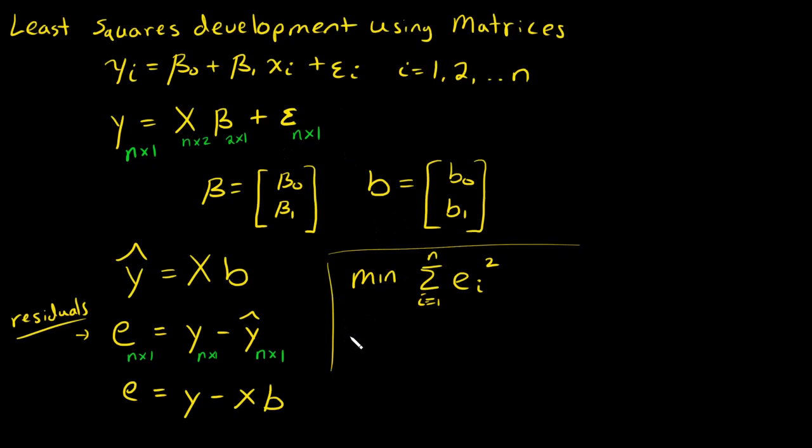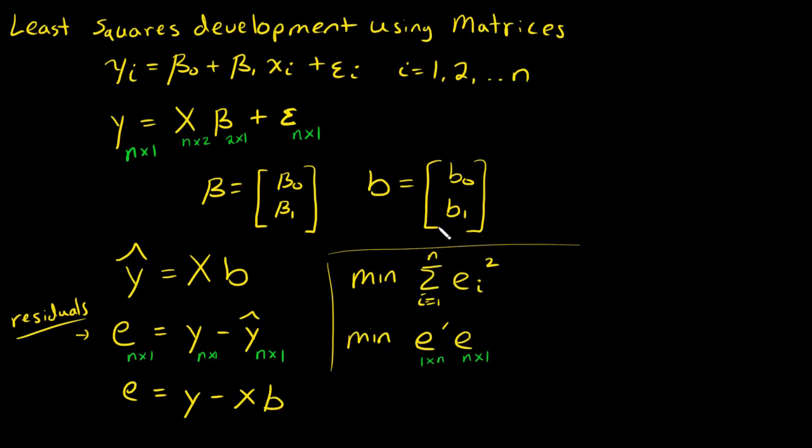Now that we have matrix notation, this is the same thing as saying that we want to minimize e transpose times e. e transpose has dimension 1 by n, and e is n by 1. So when you multiply these together, you get a 1 by 1, which is basically just a scalar: the sum of these squared error terms.